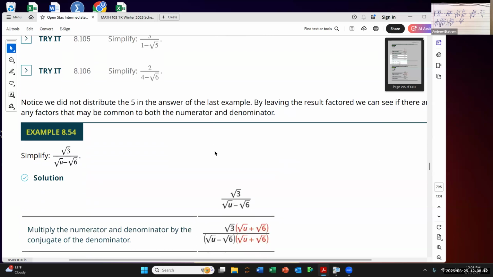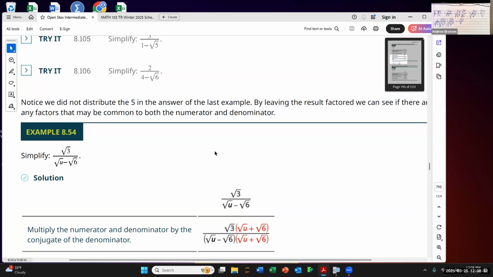If you look at this problem here, it's the same idea. So square root of 3 divided by square root of u minus square root of 6. So multiply numerator and denominator by square root of u plus square root of 6.